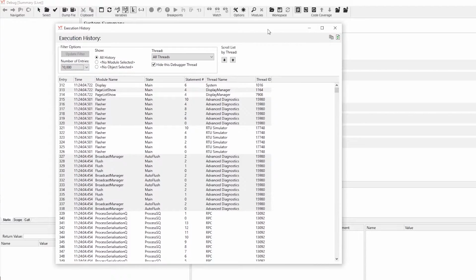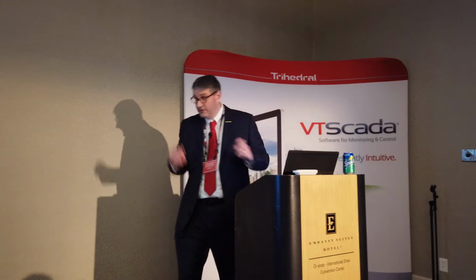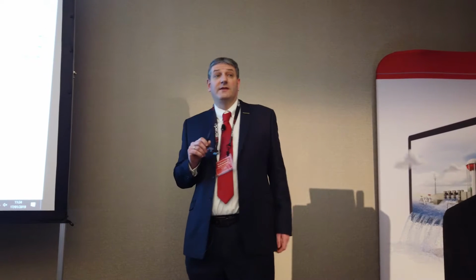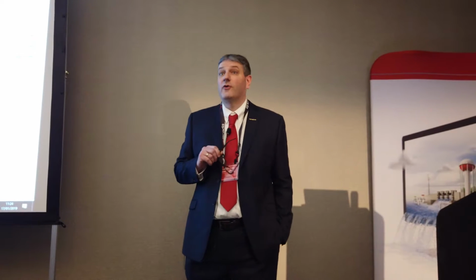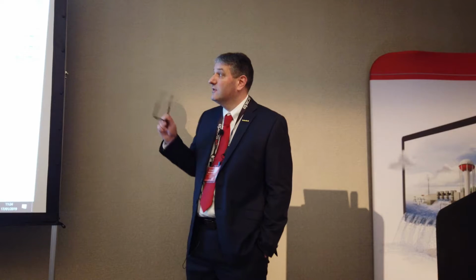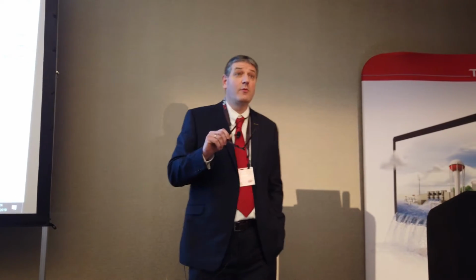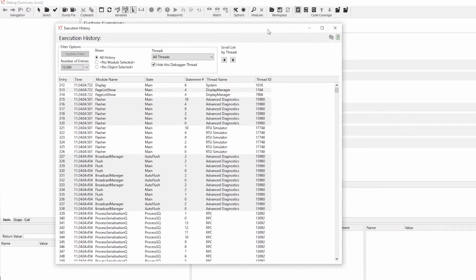What this shows us is the last, in this particular example, 10,000 statements that VTScada has executed across all of the different threads. I can limit that to various different threads, but at the moment we're looking at all threads. What were the last 10,000 things VTScada did? Okay.